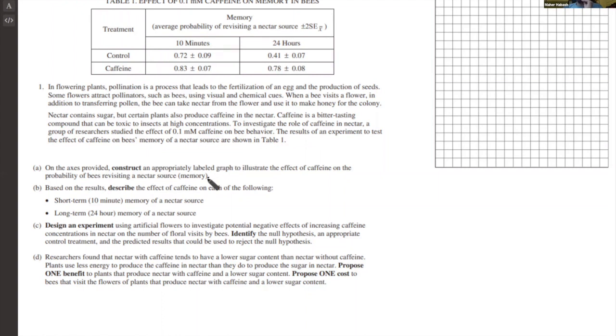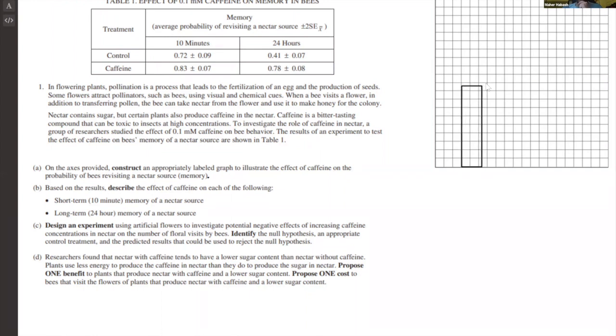All right. Anyone let me know what they think, what type of graph might be best to use for A? Definitely a bar graph. And we probably have to make a couple of them. So we have control.